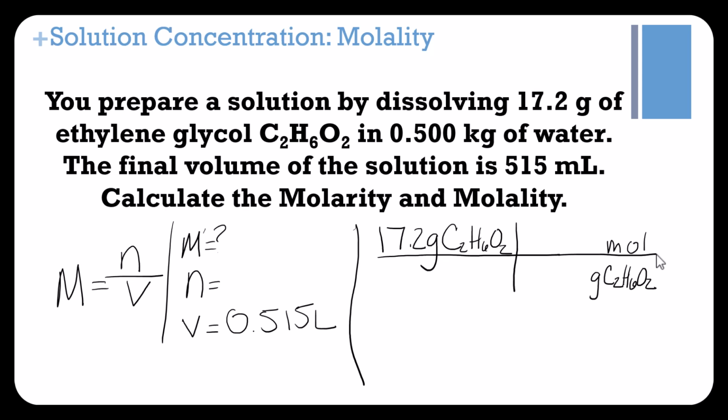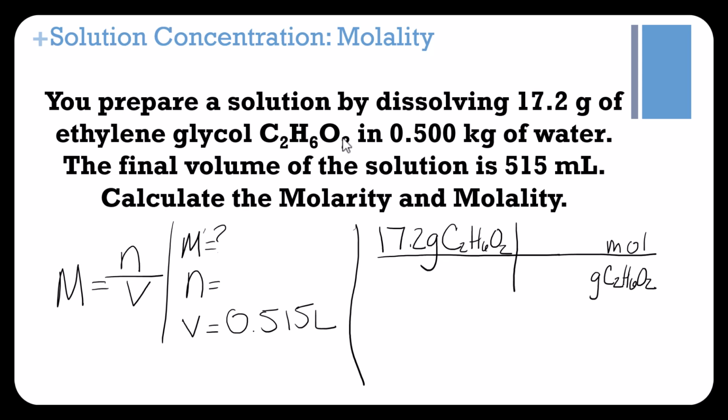So what numbers go into this train track in order to solve for it? We've got to determine the molar mass or molecular mass of ethylene glycol. So here's where we go to our periodic table, and we would add up 2 carbons, 6 hydrogens, and 2 oxygens. Carbon is 12.011. I'm going to multiply that by 2.